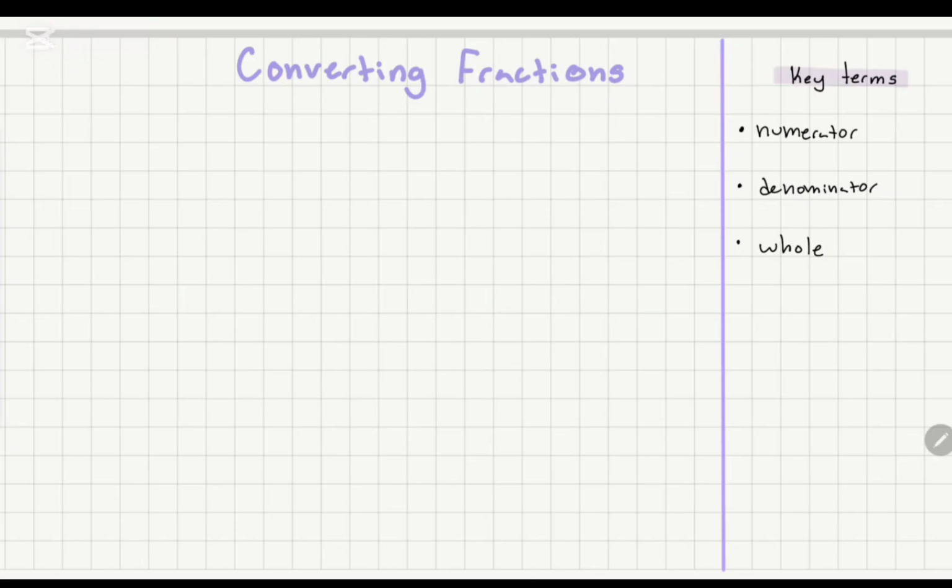So an example of a mixed fraction would be 3 and 1/6. This is a mixed fraction because it is mixing a whole number. So here we have 3 whole numbers, and it's mixing a proper fraction.